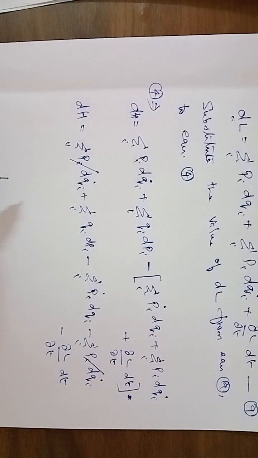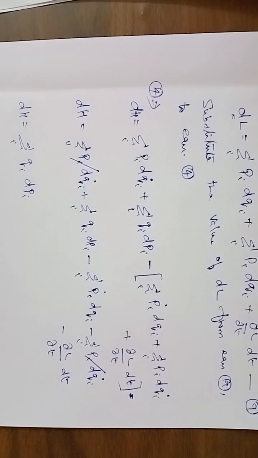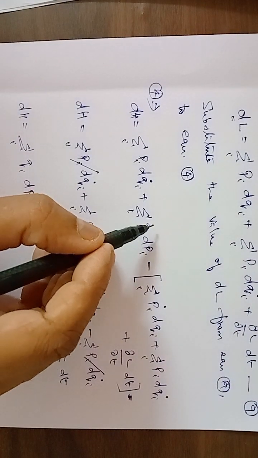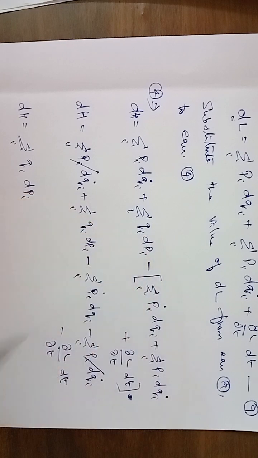So what will be the remaining term now? dH is equal to summation of i qi dot dpi. I think it is qi dot, yes, in equation number 4 it is qi dot into dpi.